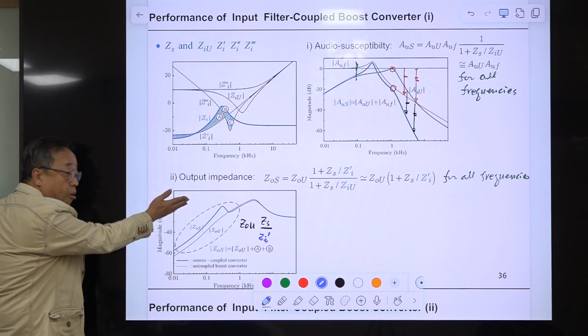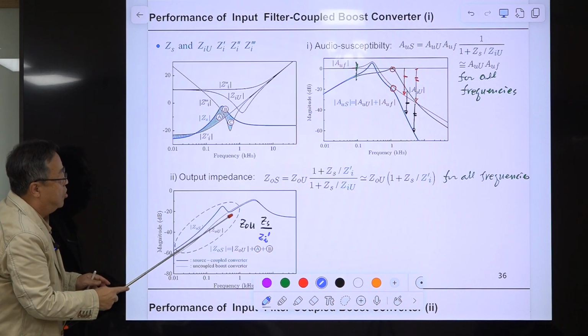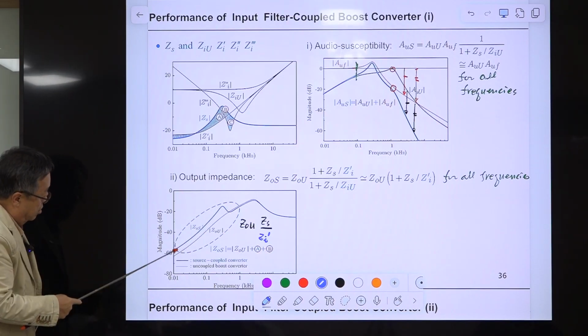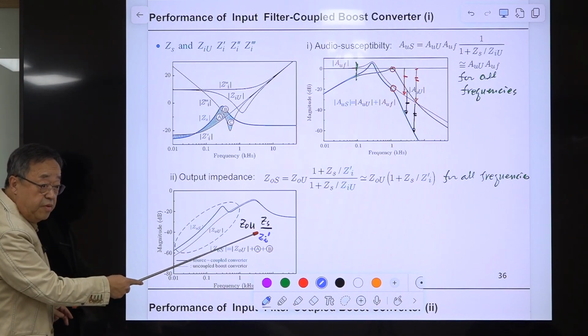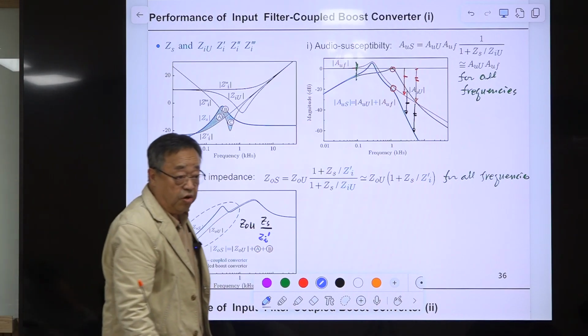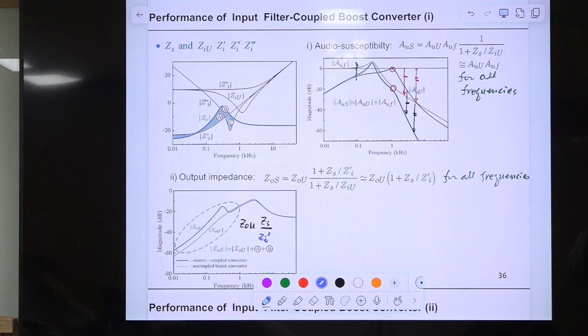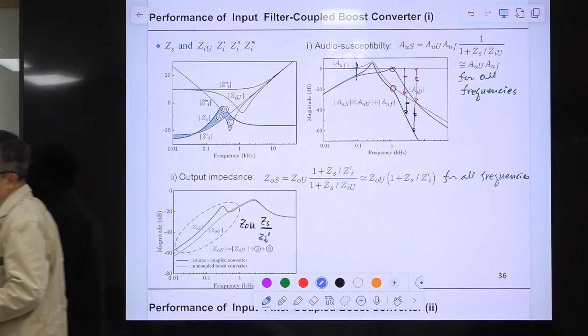So this will go up here, and it appears here. In this region, the expression is a multiplication, but in log scale, there is addition. After that, the two curves merge together, because this can be ignored. So this is the case.